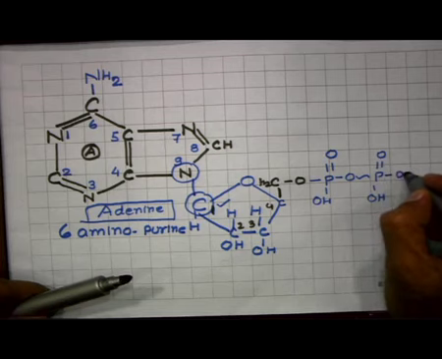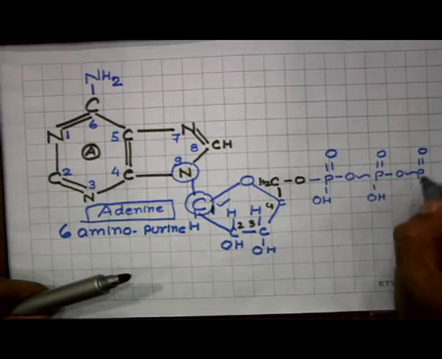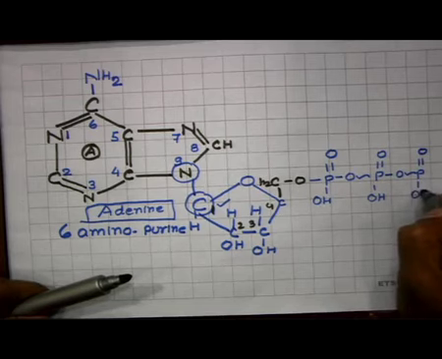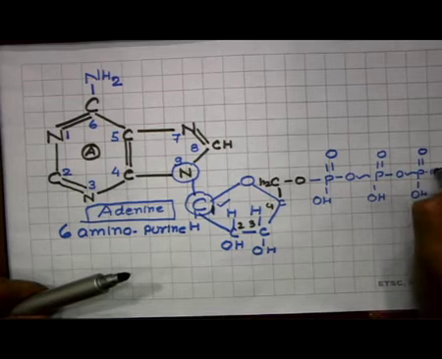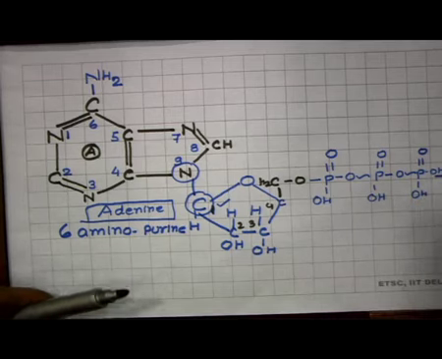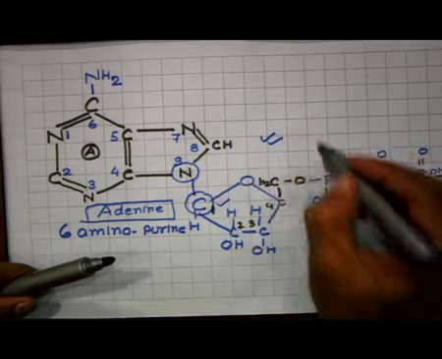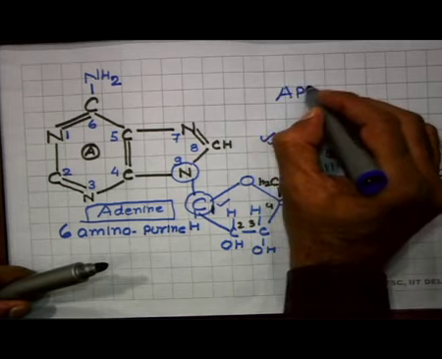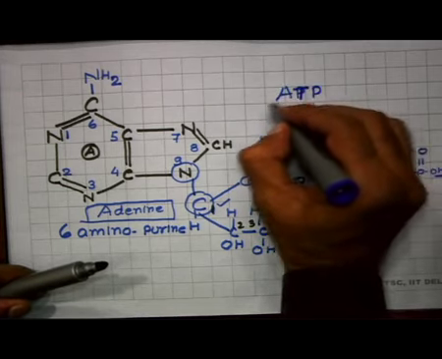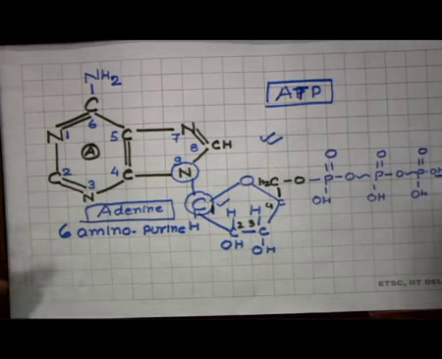H3PO4 is written in this form. So, you can easily understand. This is the structure of ATP, which has 3 phosphate molecules.